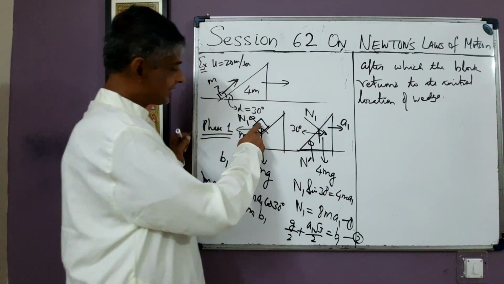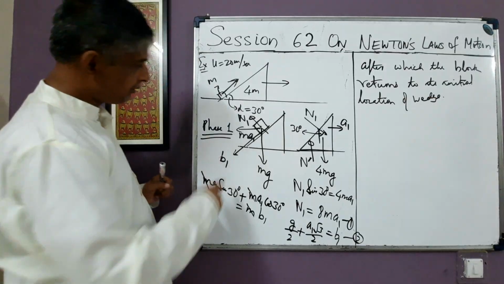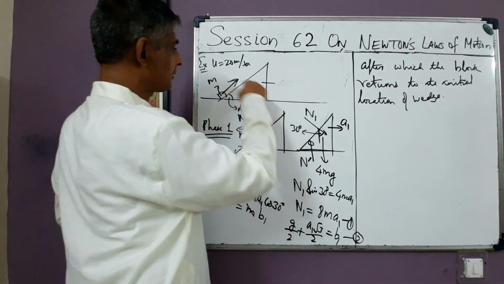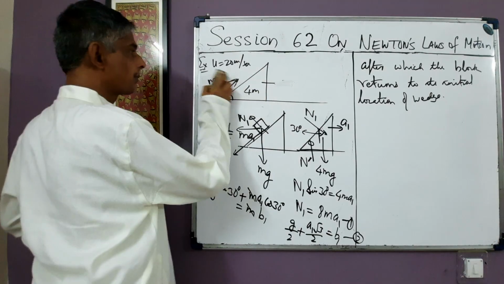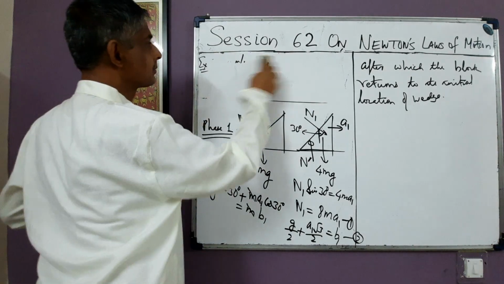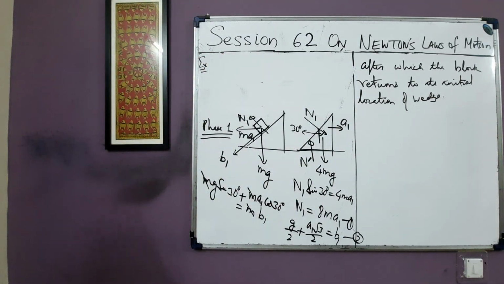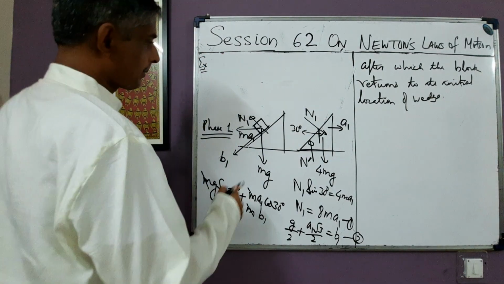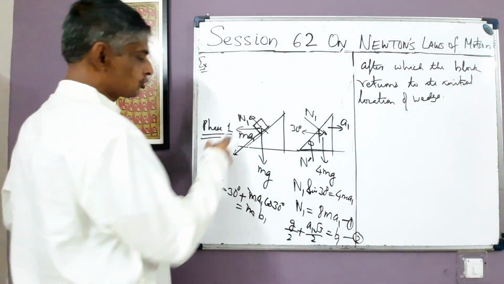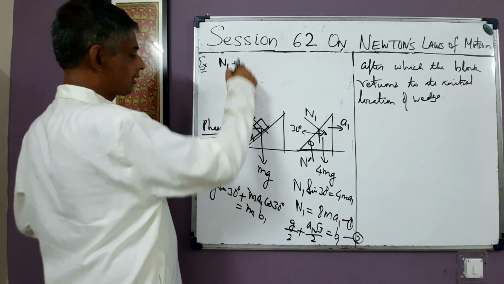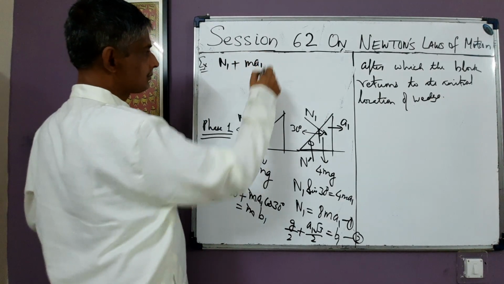Now I apply Newton's second law to the block with respect to the wedge in this direction. Free body has already been drawn, I'll draw this diagram. I apply Newton's second law to the block with respect to the wedge in this direction along N1. So what do I write? N1 plus ma1 sin 30 degrees.